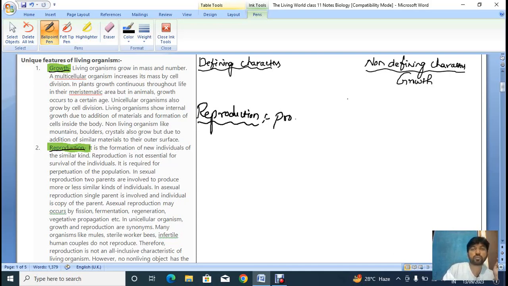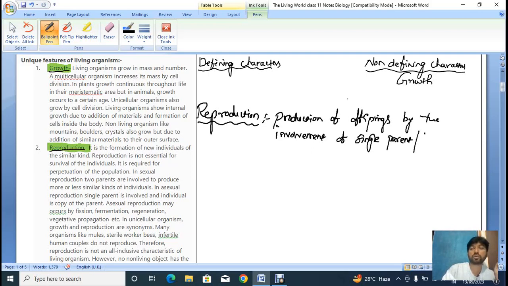It's a simple one, like production of offsprings by the involvement of single parent or both the parents. Okay, this is the simple definition of reproduction.